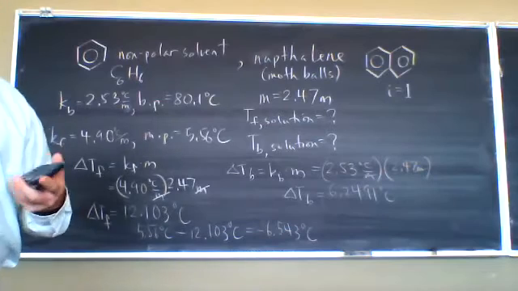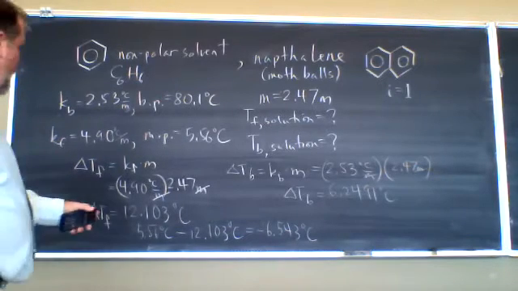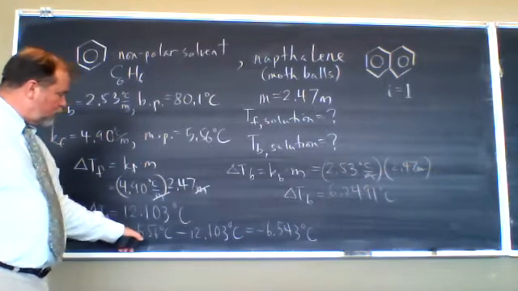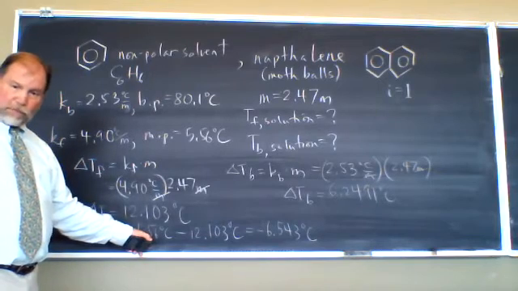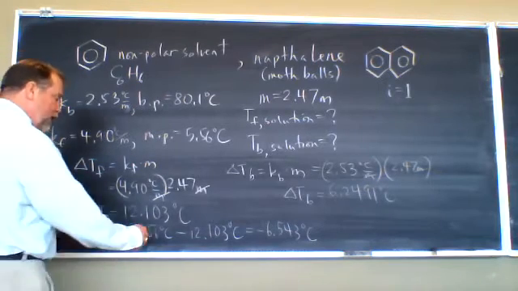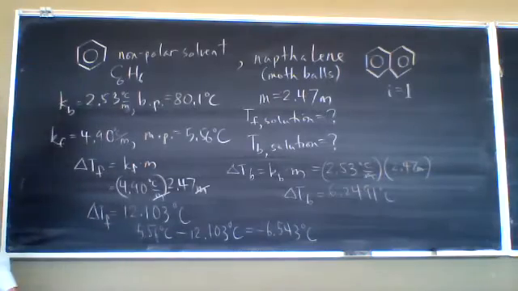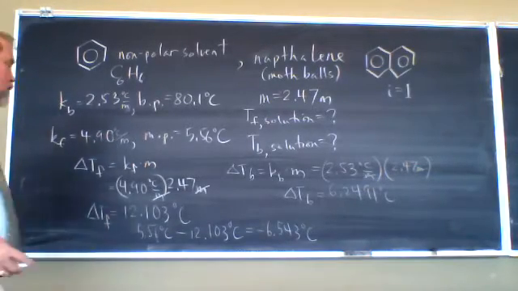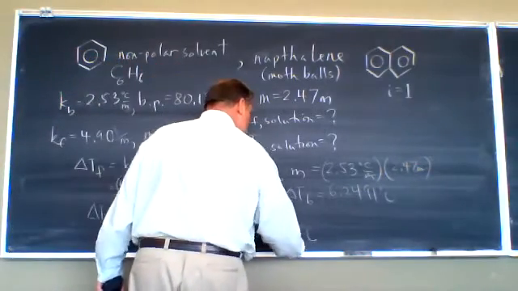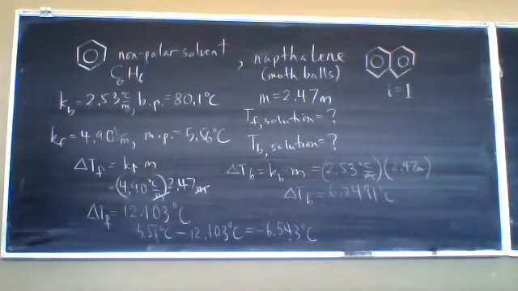So that's the actual new freezing point. We have to subtract the freezing point depression from the regular freezing point. And because our freezing point is accurate to the hundredths place, we can report this answer accurately to the hundredths place.